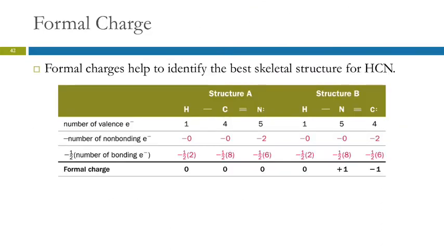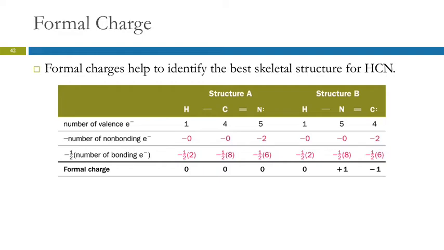Okay, so let's look at hydrogen cyanide or hydrocyanic acid. And we can draw 2 different structures. There's structure A and structure B. So this one has carbon in the middle and nitrogen on the outside. This one has nitrogen in the middle and carbon on the outside.